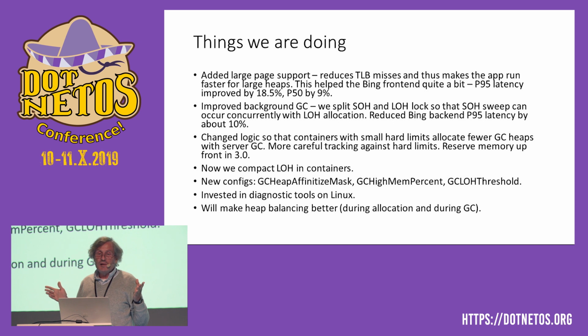And the reason this helps is the processor internally basically has a small buffer for the page table entries that it uses frequently. That's called the TLB, the translation look-aside buffer. And that has a limited size. And so because the heaps are getting bigger, it puts more load on the TLB. And if you use large pages, you need fewer page table entries. And that actually helped the Bing front end quite a bit.